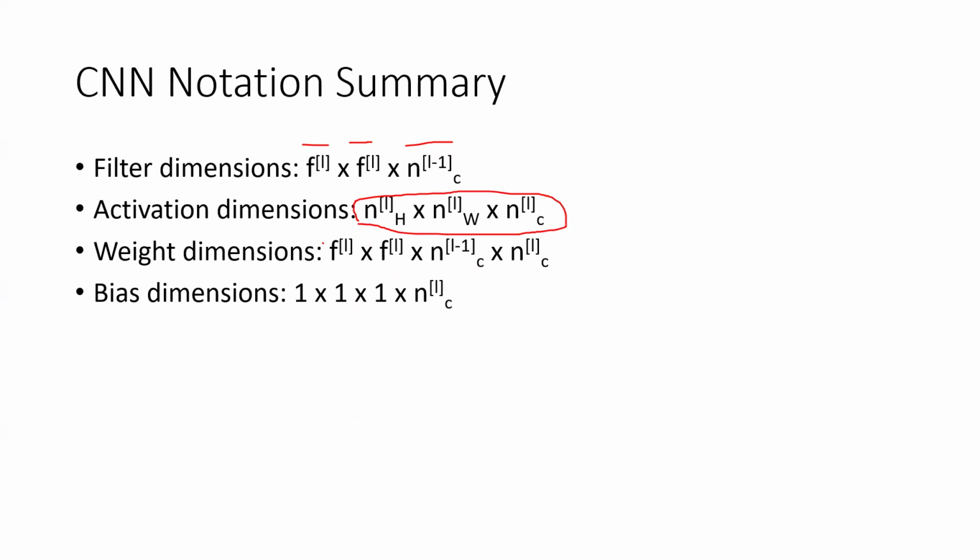Once you multiply this filter dimension by the number of channels, you get the weight dimension.